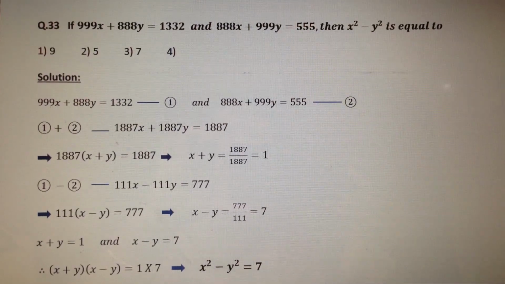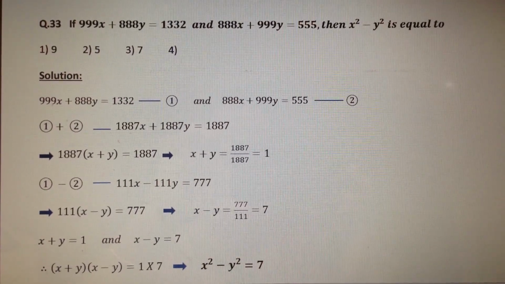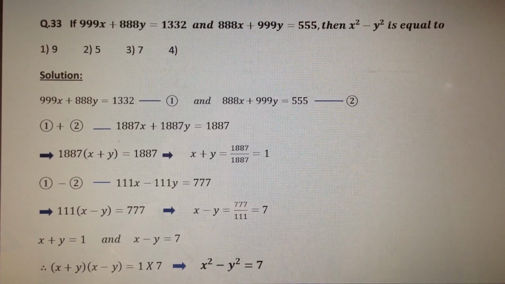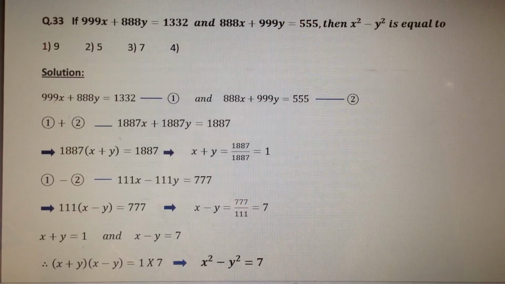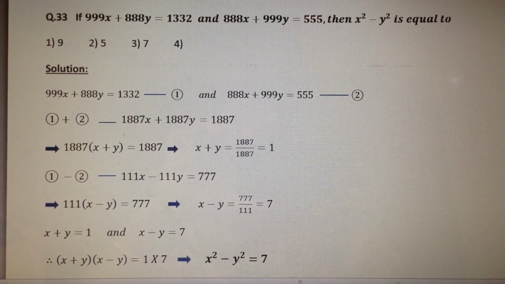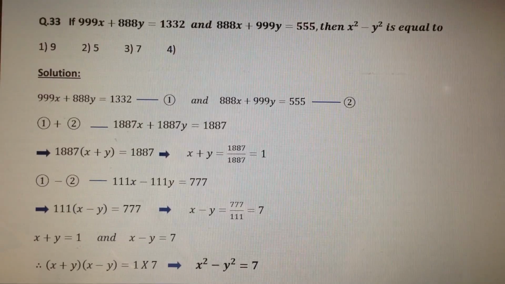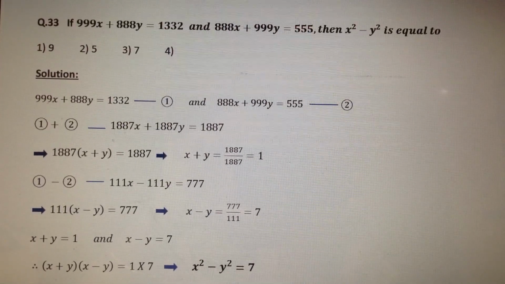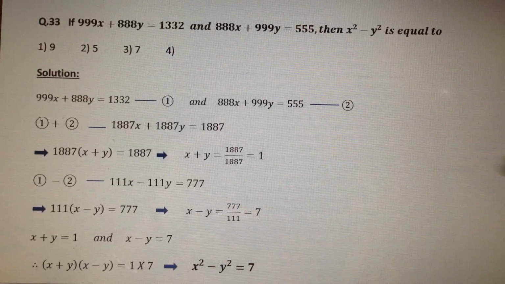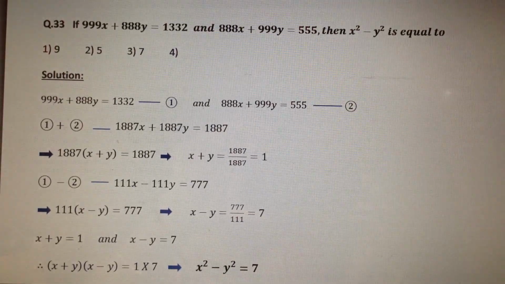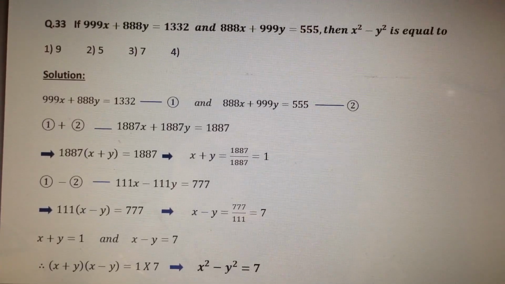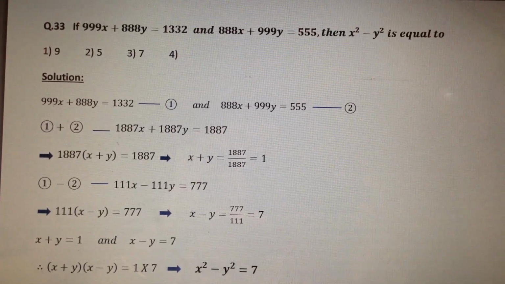Next question. If 999x plus 888y is equal to 1332 and 888x plus 999y is equal to 555, then find the value of x square minus y square. Let us take 999x plus 888y is equal to 1332 as equation number 1, and 888x plus 999y is equal to 555 as equation number 2.